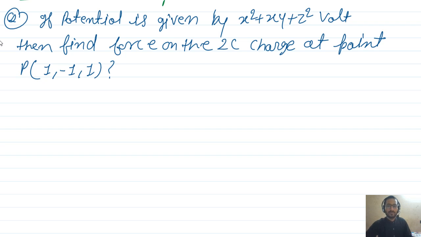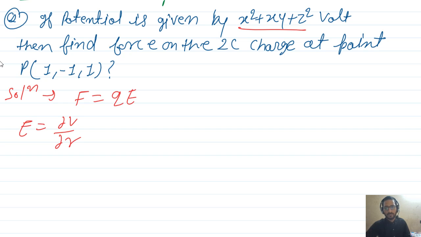Okay, we know if we want to calculate force, then F is equal to QE, and from the potential in volts we can find the electric field. So we know E is equal to negative del V by del R. If we want to find Ex, it is negative del V by del X. Del means partial differentiation.